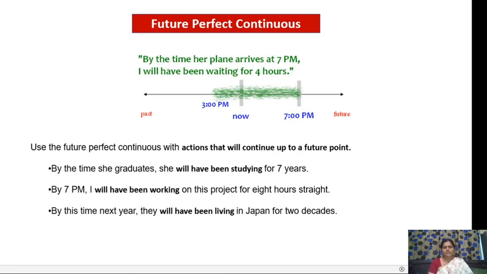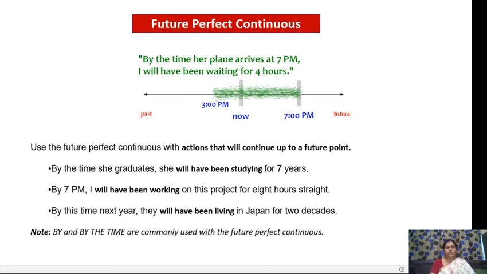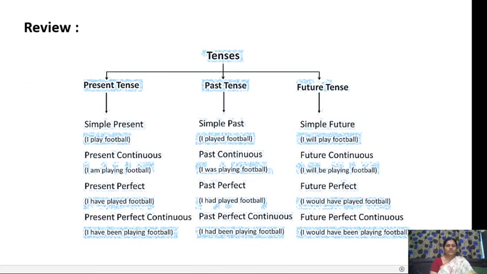But it is very rarely used. We rarely construct such sentences. "By the time" is commonly used with future perfect continuous tense. So by this time, by 7 p.m., by the time, such are the time expressions that we use with these tenses. And let us review all the things once again.